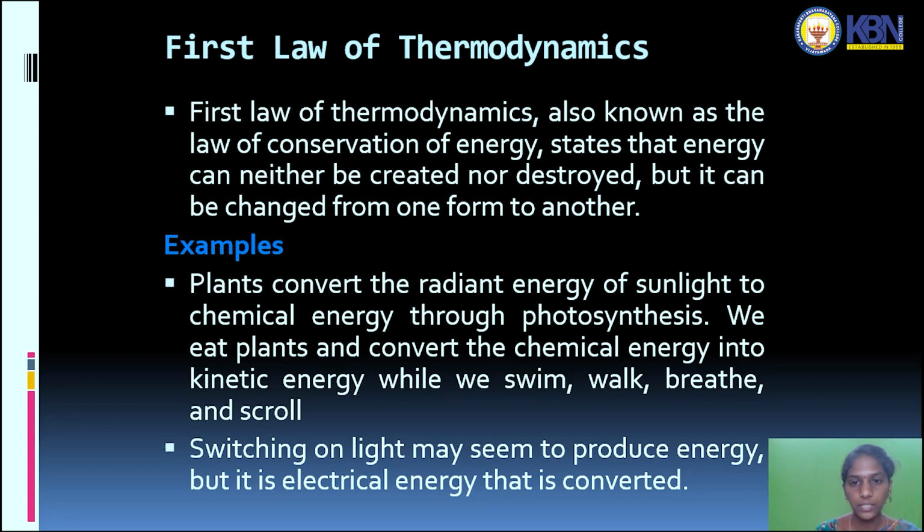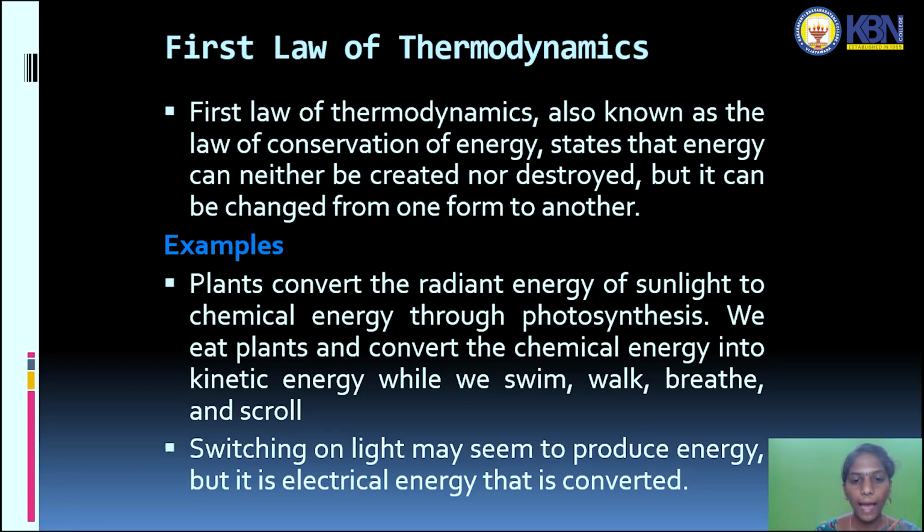The zeroth law of thermodynamics enables us to use thermometers to compare the temperature of any two objects. And the second one is the first law of thermodynamics. The first law of thermodynamics is also known as the law of conservation of energy. It states that energy can neither be created nor destroyed, but it can be changed from one form to another. For example, plants convert the radiant energy of sunlight to chemical energy through photosynthesis.